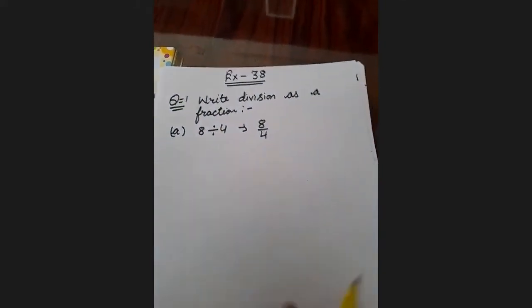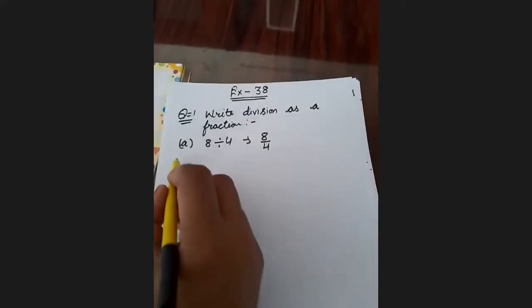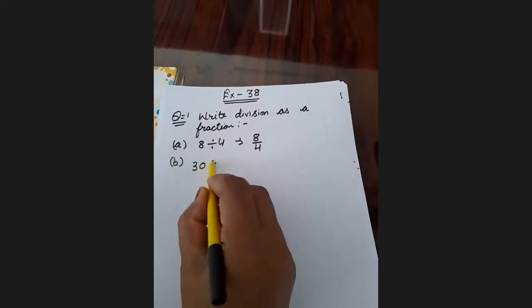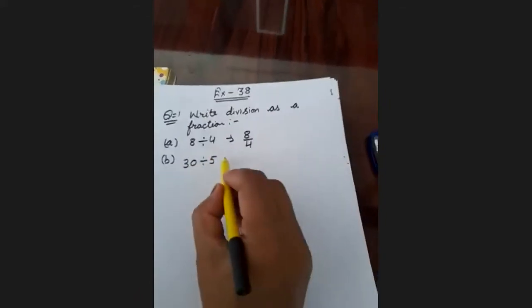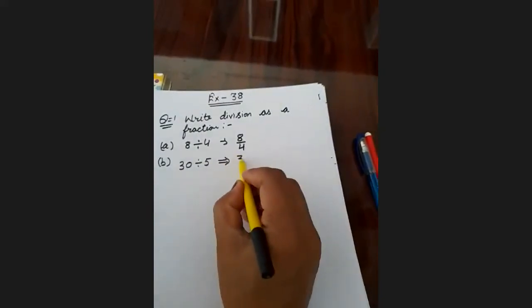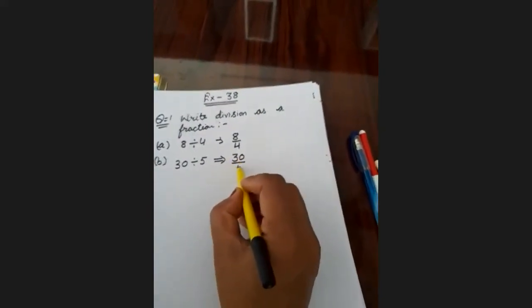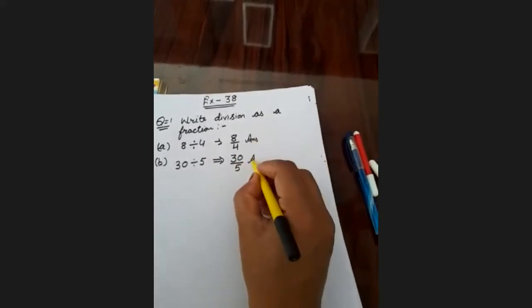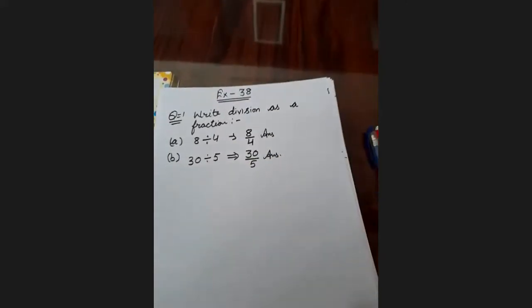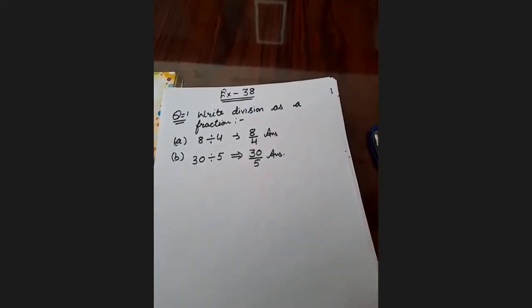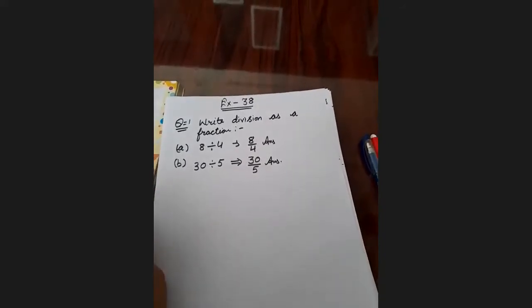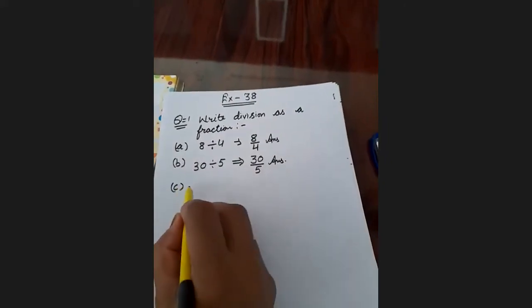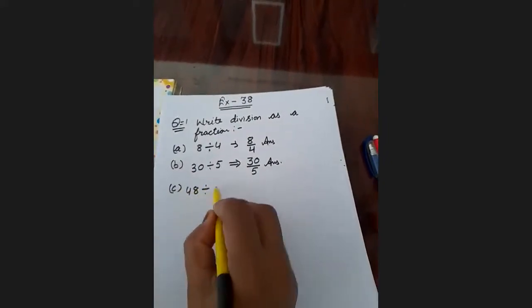Clear, students? Next is part B. 30 divided by 5. 30 upon 5. Next is part C. 48 divided by 8.